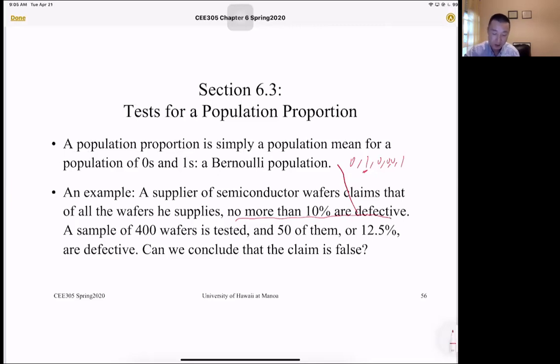Then he gets a sample of 400 wafers and finds out 50, or 12.5%, are actually defective. So this is actually more than 10%. Can we conclude that the claim is false? Let's look at this example.